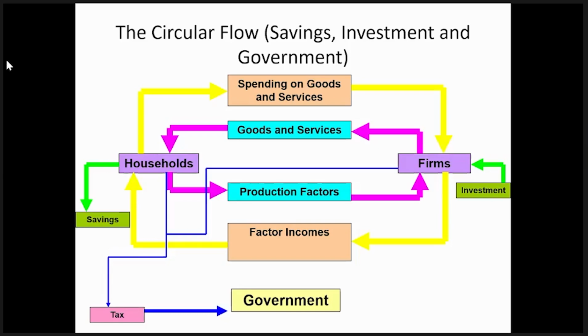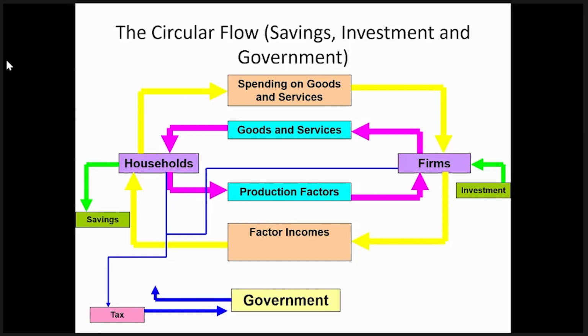Government takes tax from the household, as well as government takes tax from the firms. So firms and households will pay some money to the government as tax. So it's a leakage from the system. So when government is introduced, we have one more leakage, that is tax. So tax will be a leakage from the system, which is going to the government.